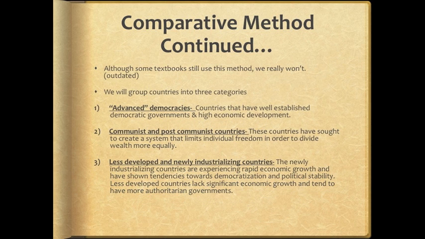Slide 11 shows the 3 differences between countries, or how we group countries now. And that's advanced democracies, communist and post-communist countries, and the less developed countries. So advanced democracies, that would be countries like the UK and the United States. Those are advanced democracies. They have well-established democratic governments and very, very high economic development.